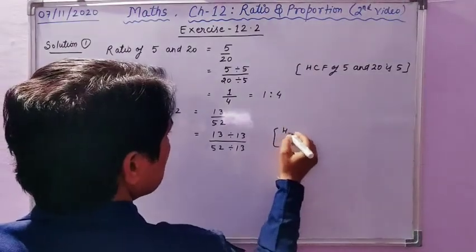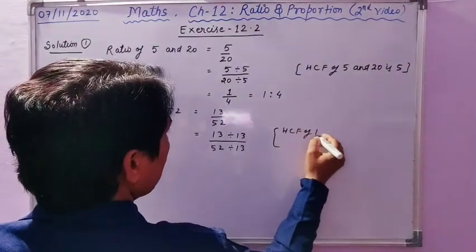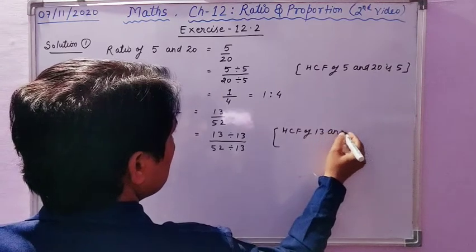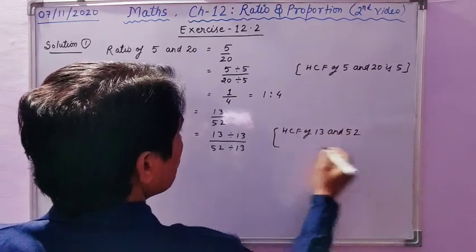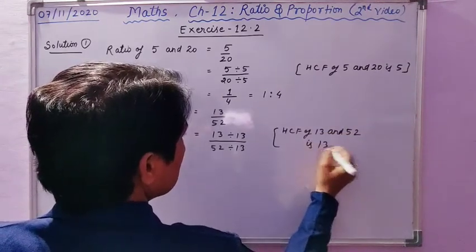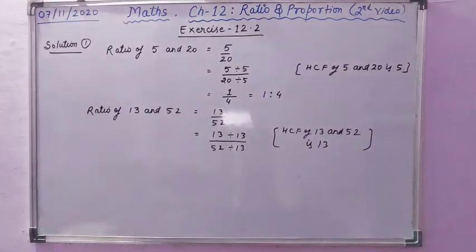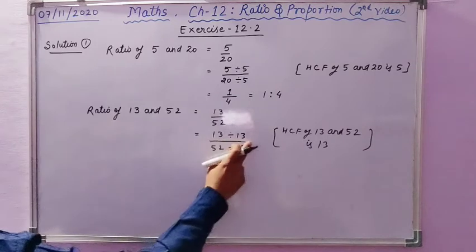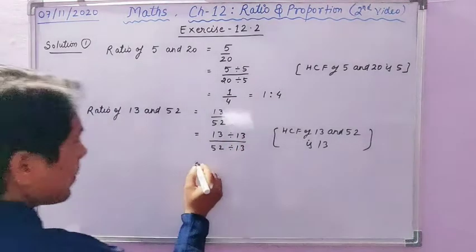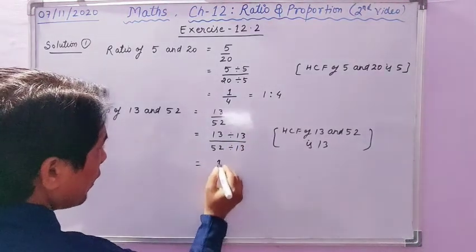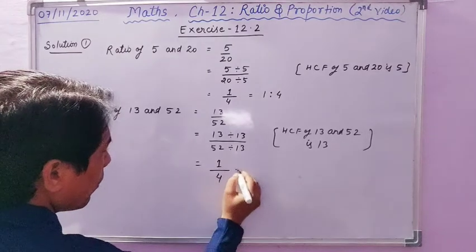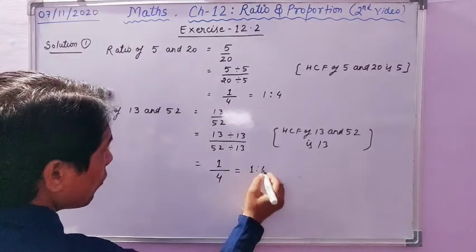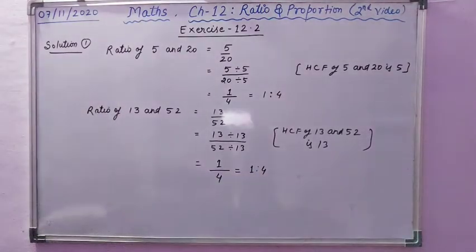Since the HCF of 13 and 52 is 13, I have divided both the numerator and denominator by 13. So after solving, I'll get 1/4. That means 1:4.